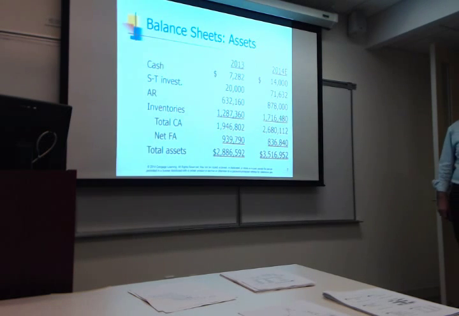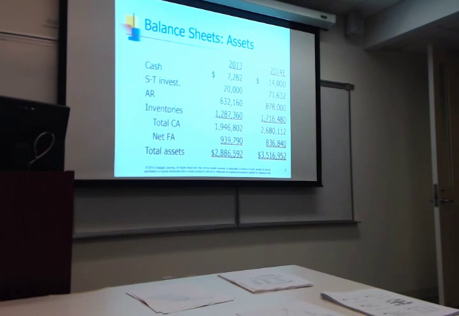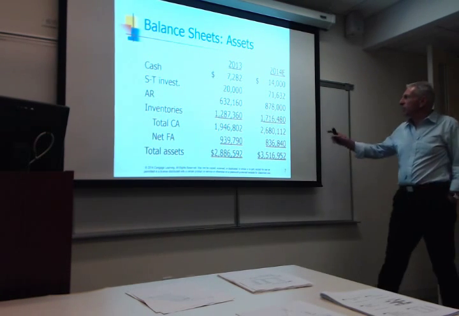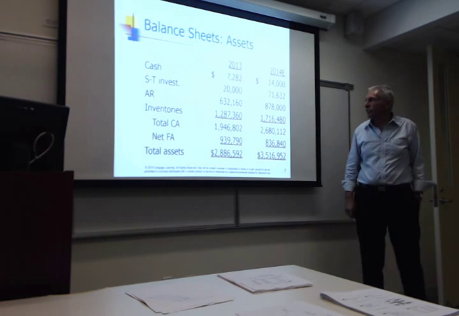Now let's look at the balance sheet. Where do we see the big increases on the balance sheet? Don't be shy. Short-term investments. Short-term investments went from 20 to 71. Okay. Accounts receivable went up.